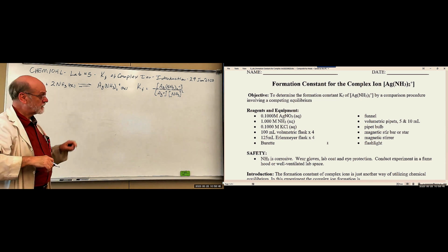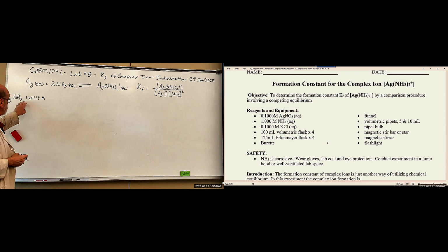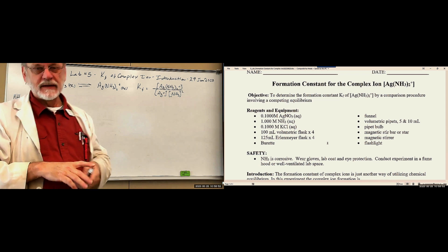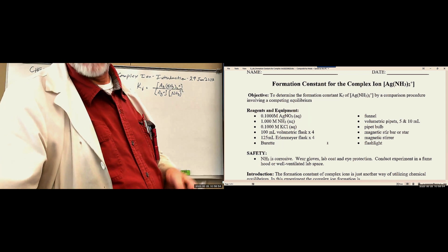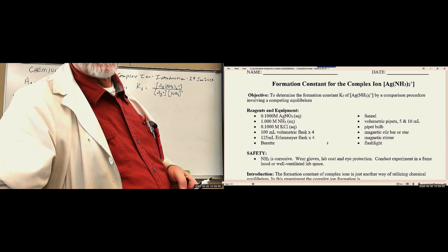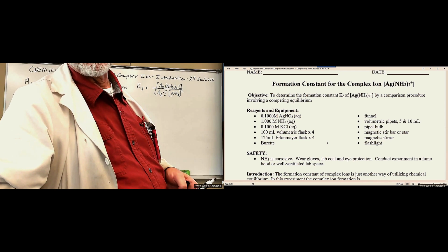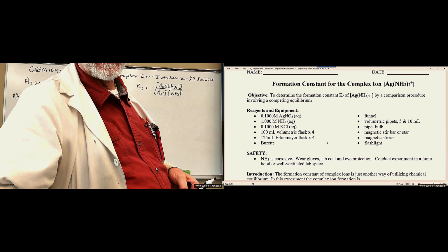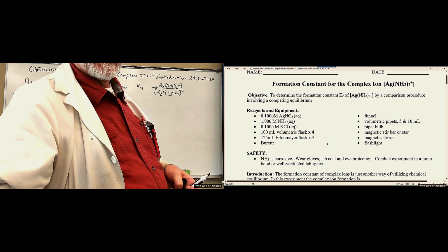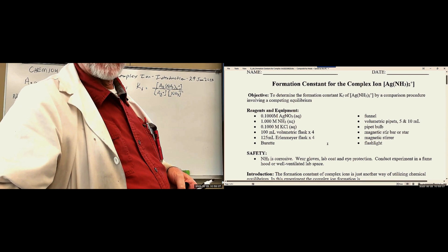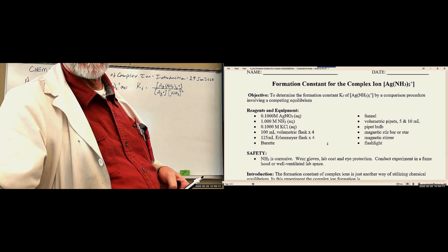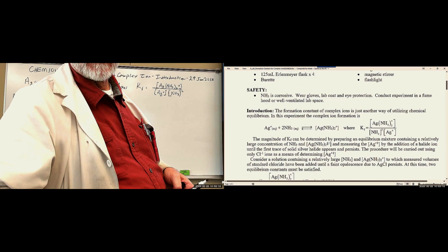So you'll need to use that value instead of the 1 molar when you do the calculations. And everybody knows how to use pipettes and burettes, so I don't need to go into that. We are going to use 125 milliliter Erlenmeyer flasks for our reaction vessels.